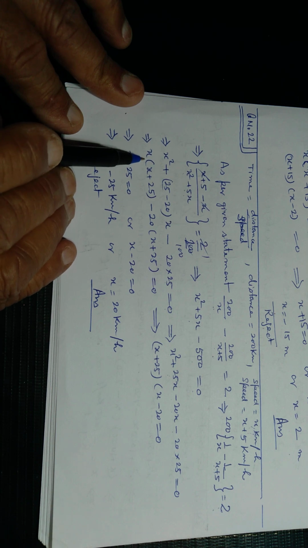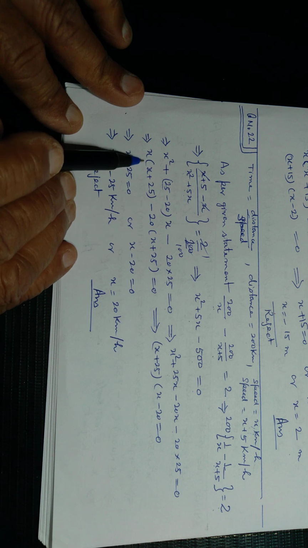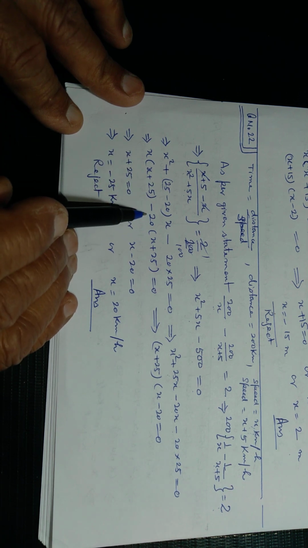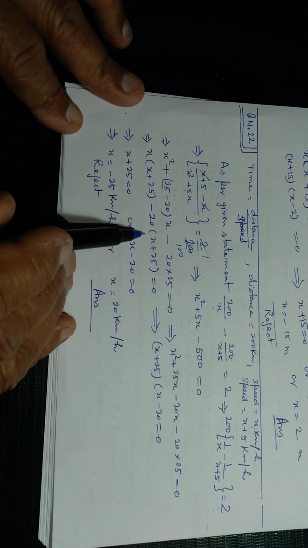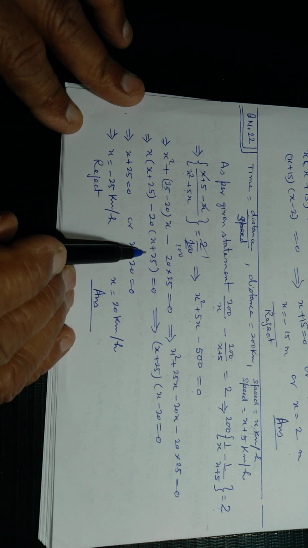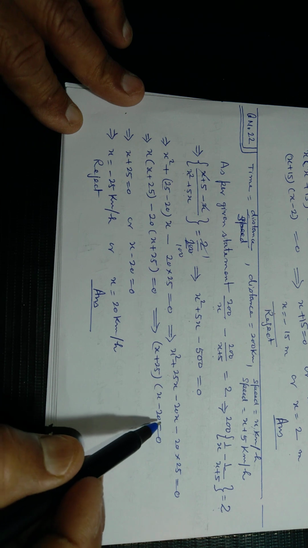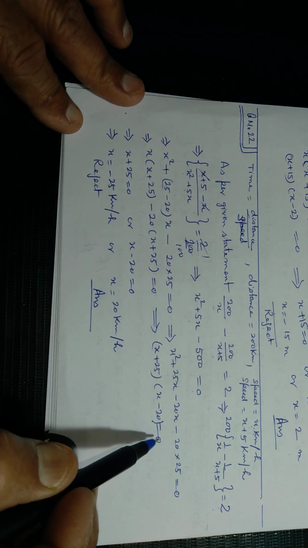From the first two terms, x will be out of the bracket, that is x plus 25 inside the bracket. From the third and fourth terms, take out minus 20 common. So we are left with x plus 25. Now take out x plus 25 common. In the second bracket, we will get x minus 20.